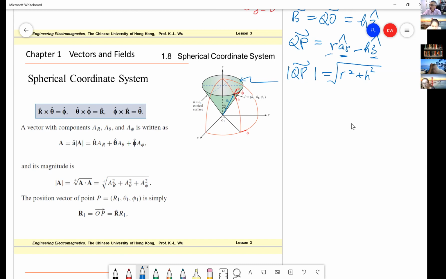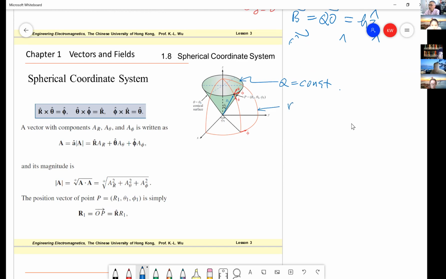This surface is theta equal to constant, and we have phi equal to constant. And this is r equal to constant, which is like a sphere, right?